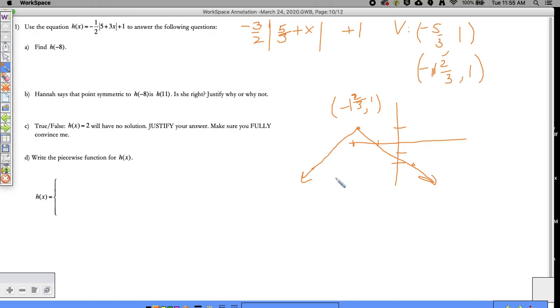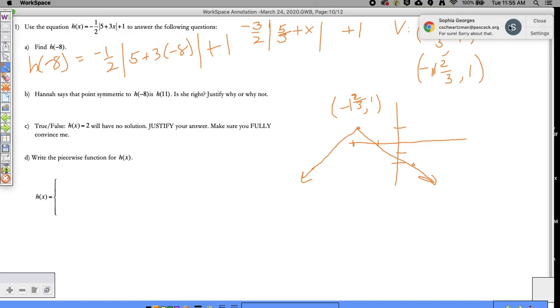So when we want to find h of -8, -8 is actually going to be on this line, but it doesn't matter. We can find h of -8 by simply substituting it into the equation, and that's going to be -1/2 times the absolute value of 5 plus 3 times -8, plus 1. Following your order of operations, you treat absolute value as if it's a parenthesis.